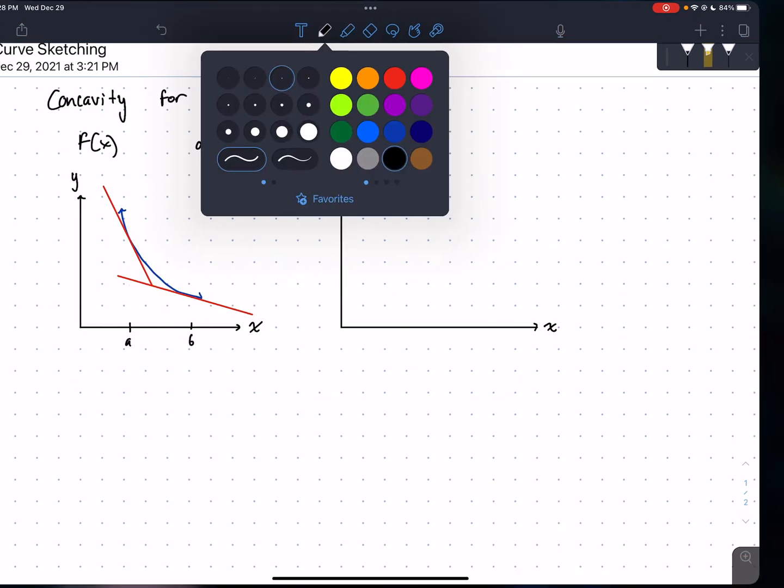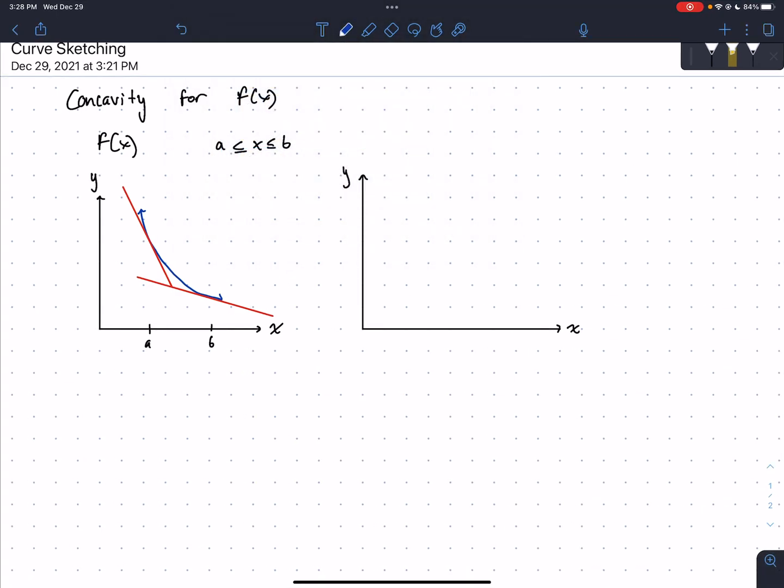Let's say I were to draw a function, same idea, we have points A and B, going from left to right, and we have a function that's increasing now. Let's say it's increasing that way. If we draw the tangent lines again, we would see that it's still increasing.